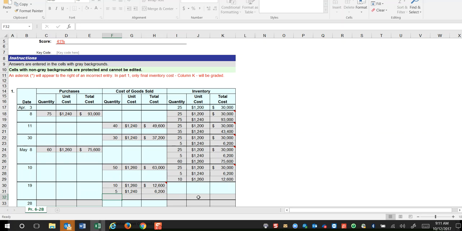Now, am I done? No, because that represents only 15, and on the 19th I sold 20. So now I've got to reach into my inventory of those 25 and take 5 of those at 1,200, and that's 6,000. So what have I got left in inventory? I got rid of those, got rid of 5 of those, so now I have only 20 of those left at 1,200, and that gives me 2,400.